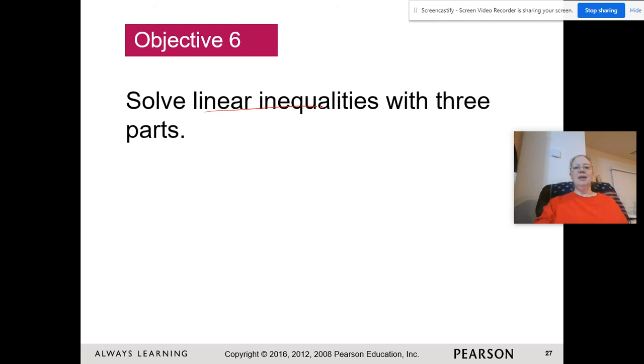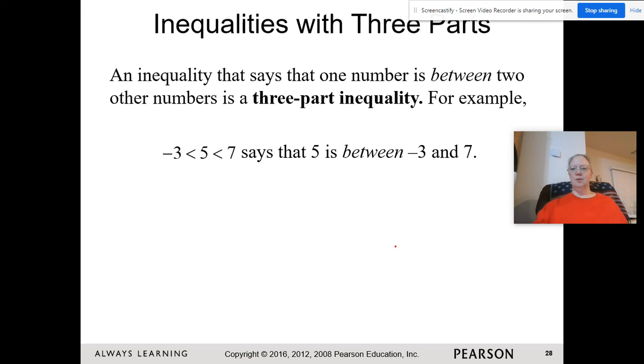Okay, inequalities with 3 parts. Let's say, for example, we have this inequality right here. Notice I've got 3 different parts. It's called a 3-part inequality. So we would have -3 is less than 5 is less than 7. What that tells us is that 5 is between -3 and 7, which is correct.